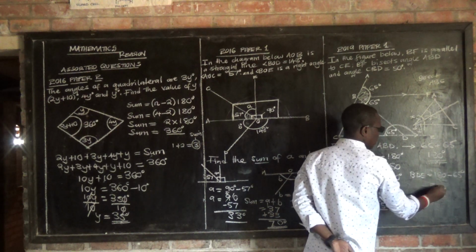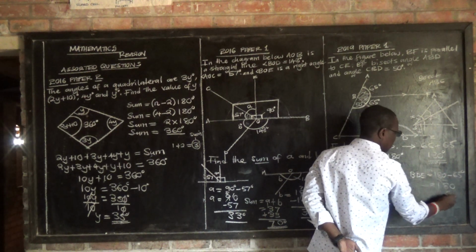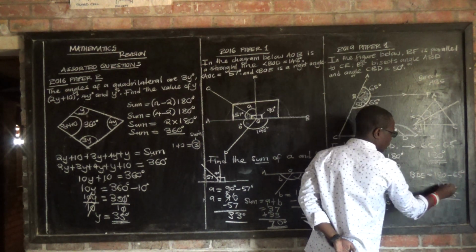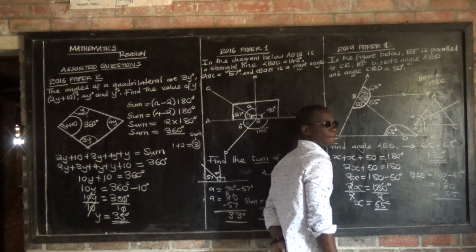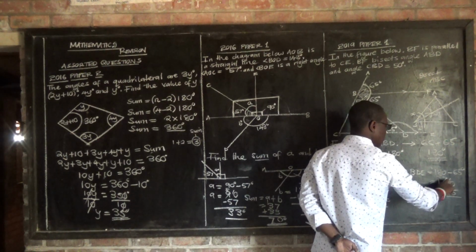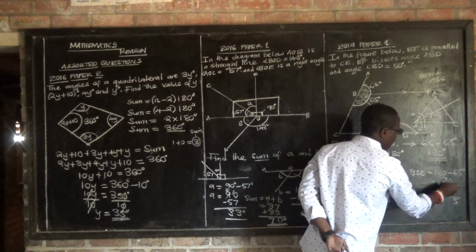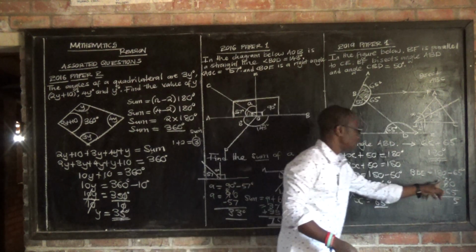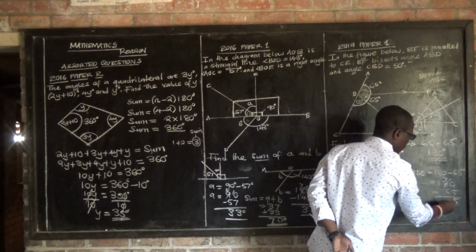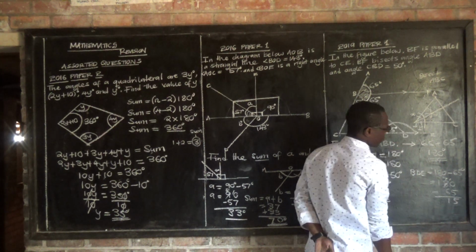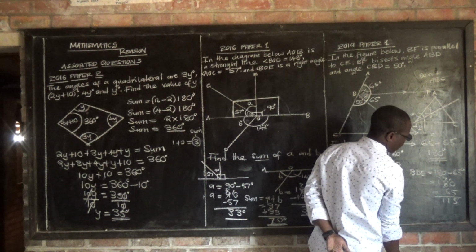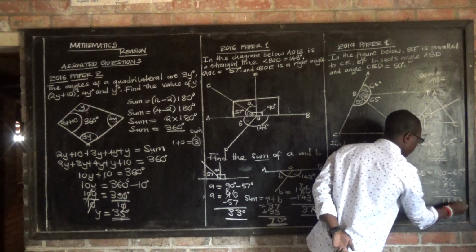What do you get? 180 minus 65: 0 minus 5, you get 1, 8 minus 5 is 3, and 7 minus 6 is 1.